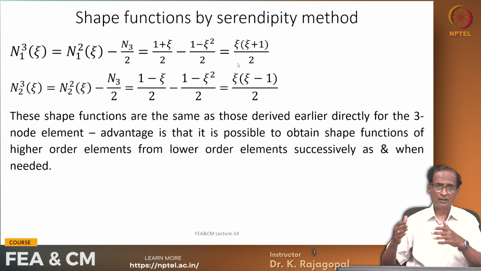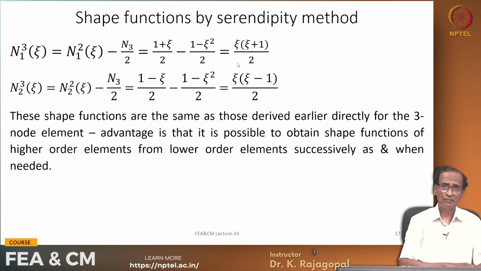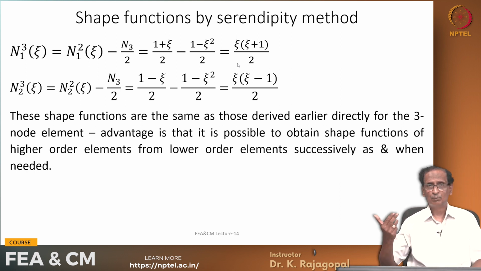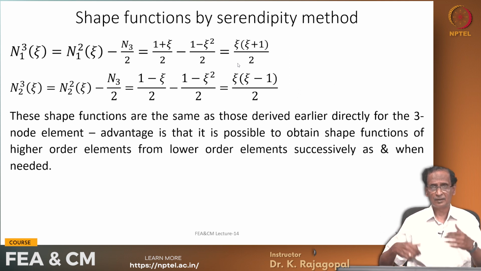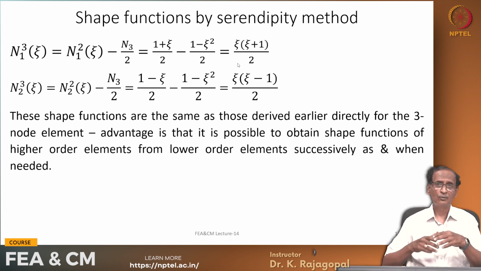So, we can actually convert a lower order element into higher order element by doing this correction. And as and when needed, we can correct them. And so, in the program we can have both 2 node bar elements and 3 node bar elements, and then if necessary 4 and 5 node bar elements, and we can successively apply these corrections for getting the shape functions for higher order elements.